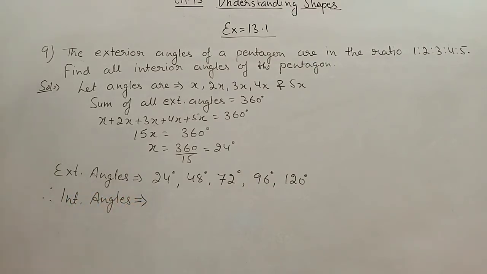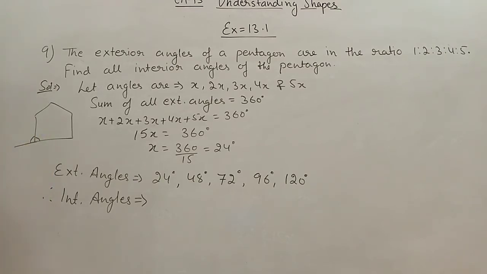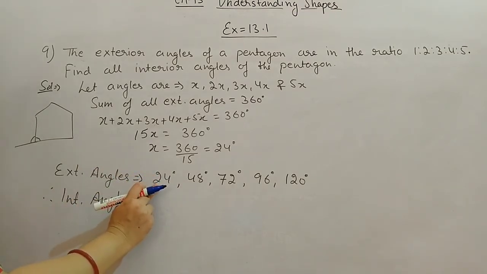See, always remember the sum of the exterior angle and the interior angle at a point. Suppose a pentagon is there, at any side of this pentagon, if you add the interior and exterior angle, this sum always will be 180 degree. So we can subtract this angle from 180 and then we will get.